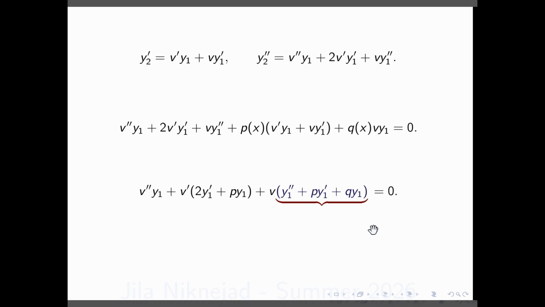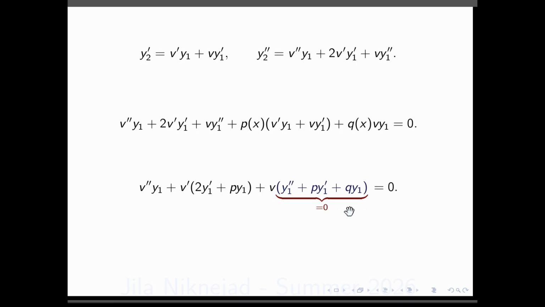I want you to notice that this last part is just plugging y1 into the original linear second order equation, which results in 0 because that equation was homogeneous. That being 0, you end up with this equation: v''y1 + v'(2y1' + p y1) = 0.